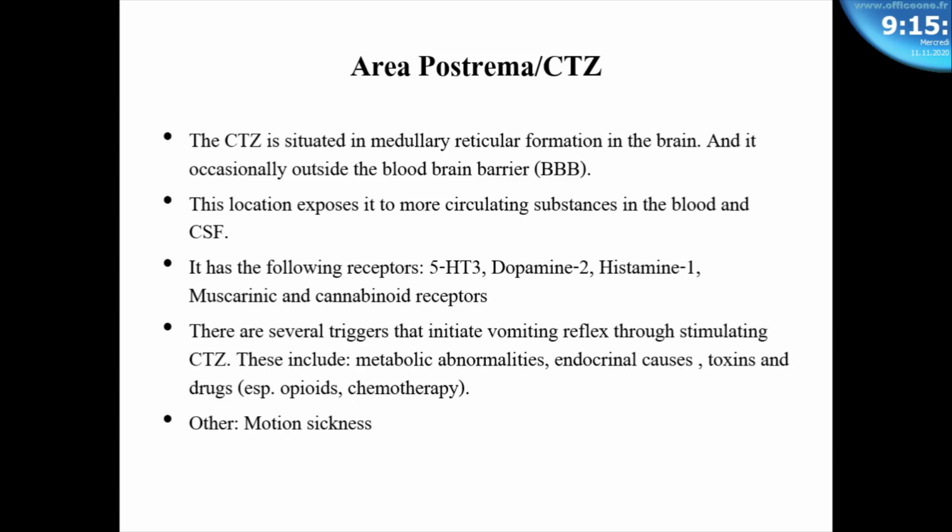This center of vomiting is located in the medullary reticular formation in the brain, in the area called the area postrema. Even though most of the time we use these two words, area postrema and chemoreceptor trigger zone, interchangeably. The area postrema is located on the floor of the 4th ventricle in the rostral part of the medulla.